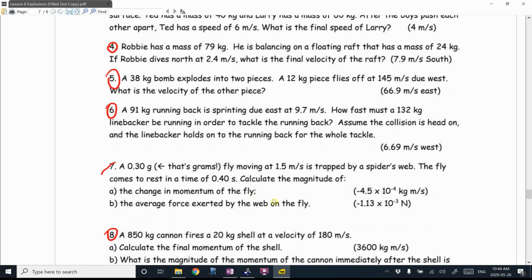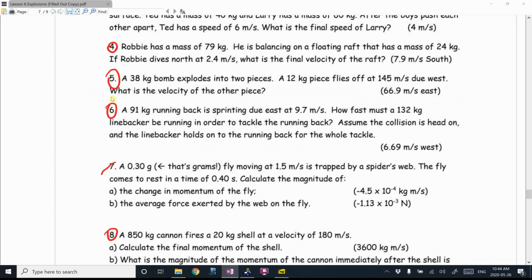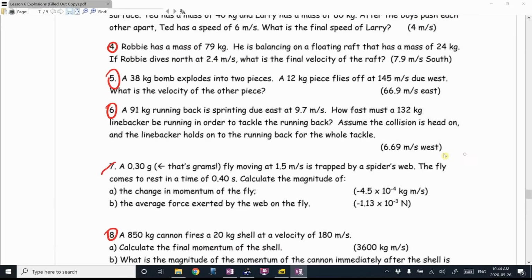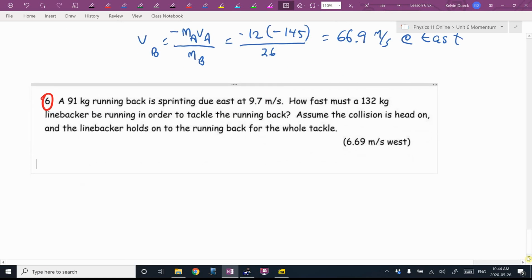Number 6, football tackling is a great example of conservation of momentum, or a hockey body check as well, because those are good collisions. A 91-kilogram running back is sprinting due east at 9.7 meters per second. How fast must a 132-kilogram linebacker be running in order to tackle the running back?